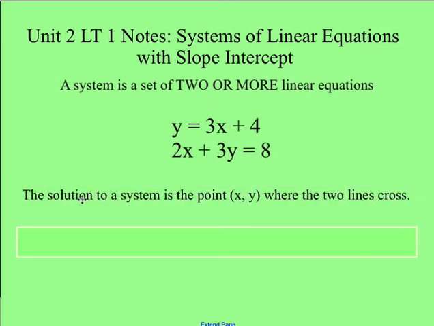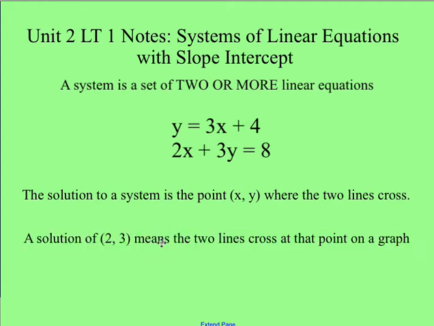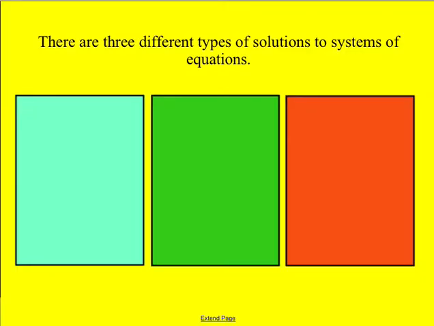The solution to a system is the point (x, y) where they cross. That can go in your first spot. So the solution is the point that the two lines cross. Then, a solution of (2, 3), for example, means that the lines are crossing at that point on the graph. So go ahead and pause the video and take whatever time you need to get those 2 things written down.